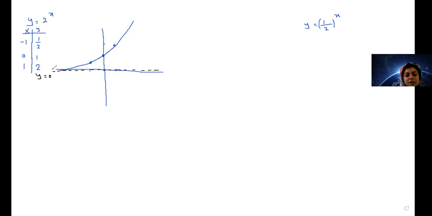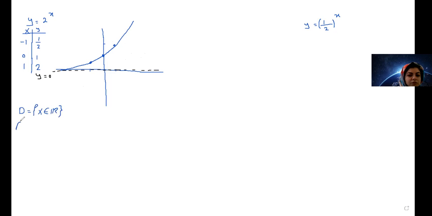I'm going to put the key features for this graph. The domain: there's no restriction. X could be positive as well as negative. See, this end covers all negative values of x, and this part covers all positive values of x. So x belongs to the real numbers.